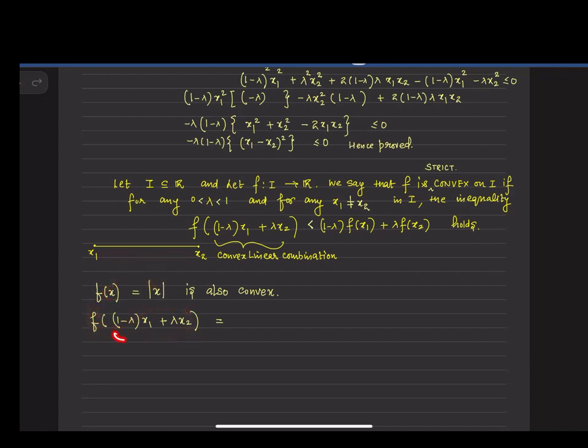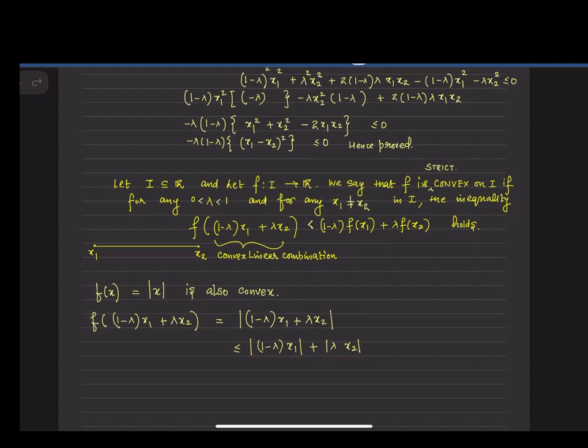So f of what is inside right now is this, so it becomes the mod of (1 minus lambda) into x1 plus lambda into x2. Now apply the triangle inequality. The triangle inequality says mod of a plus b is less than or equal to mod of a plus mod of b.